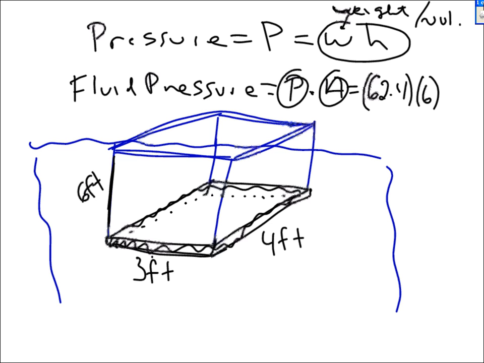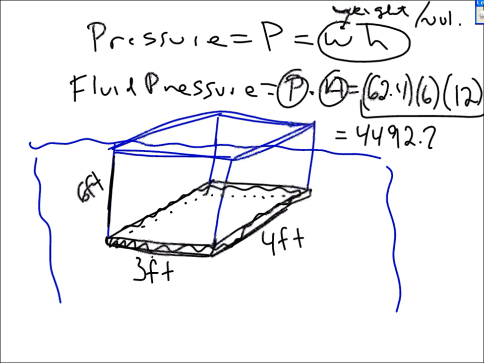Well, it's 3 feet by 4 feet. 3 times 4, 12. You multiply these 3 numbers, and you say, that wasn't a bad problem. It's 4492.8 pounds.